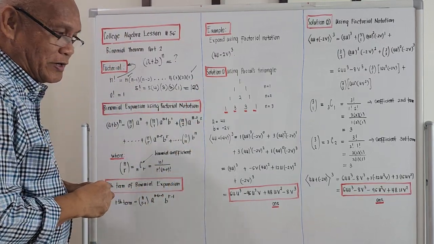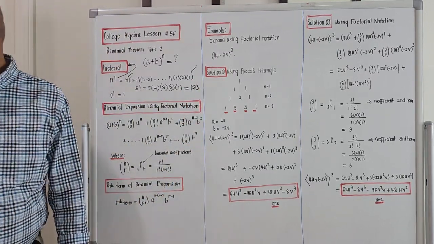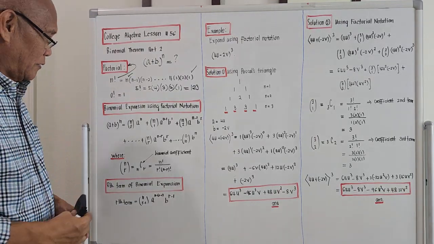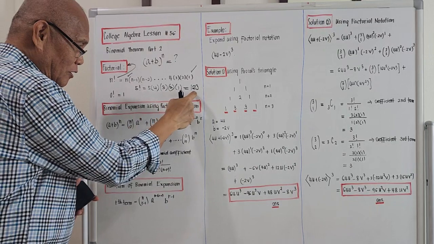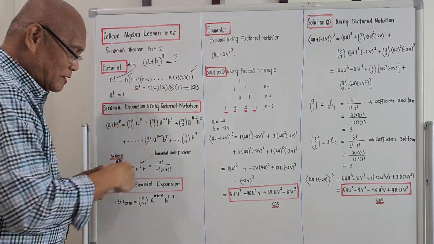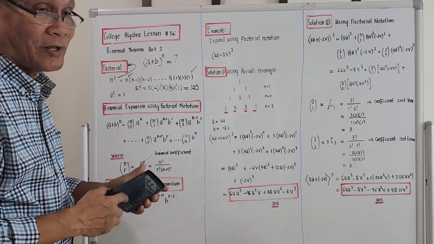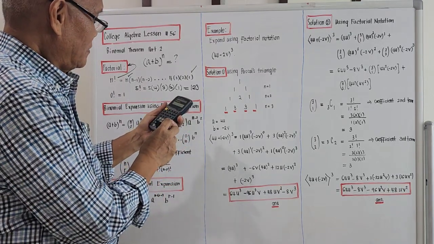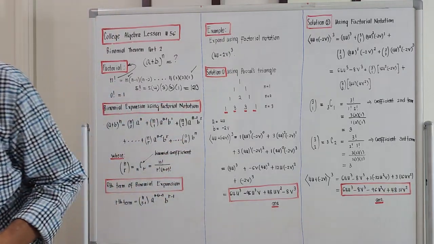So at least we now know how to compute for the value of a factorial. If we say 5 factorial, the value will be 120. And to verify the validity of this, actually factorial notation is in our scientific calculator. Okay? It is here.